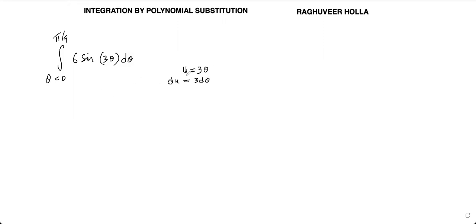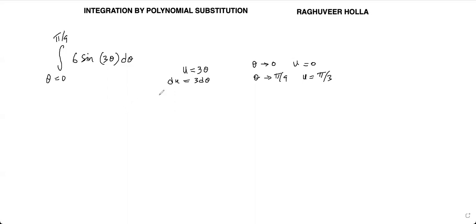And also, if you look at the limits, as theta is 0, u will be 0. And when theta is pi by 9, u is pi by 3.